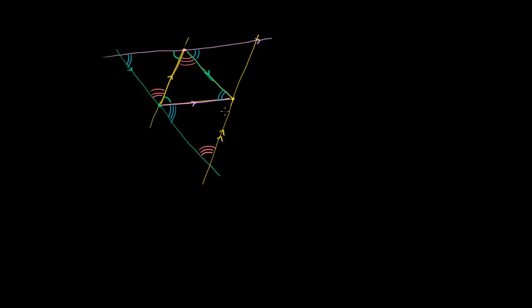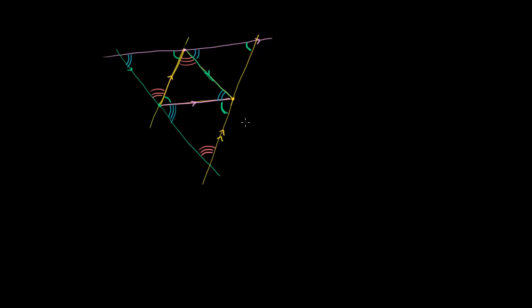If we view this yellow line as a transversal of both of these pink lines, actually let's look at it this way. View the pink line as a transversal of these two yellow lines, then we know that this angle corresponds to this angle right over here. And if you view this yellow line as a transversal of these two pink lines, then this angle corresponds to this angle right over here.